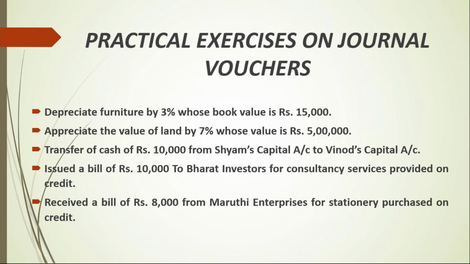Second, for what we have issued a bill: consultancy services. So we have two ledgers. Now, if we have to create a ledger in the name of Bharat Investors, we have to create it under which group? Bharat Investors can be categorized under which group? Let me know the answer.